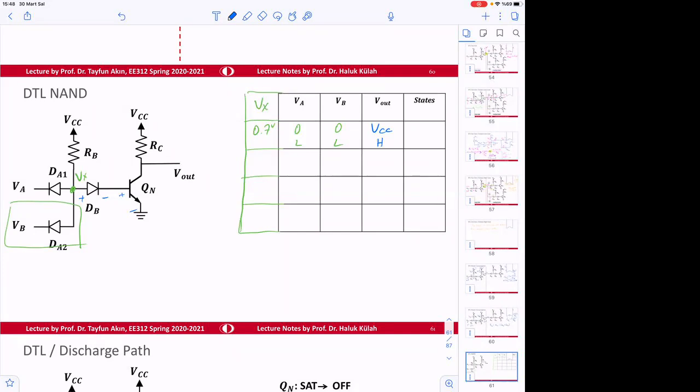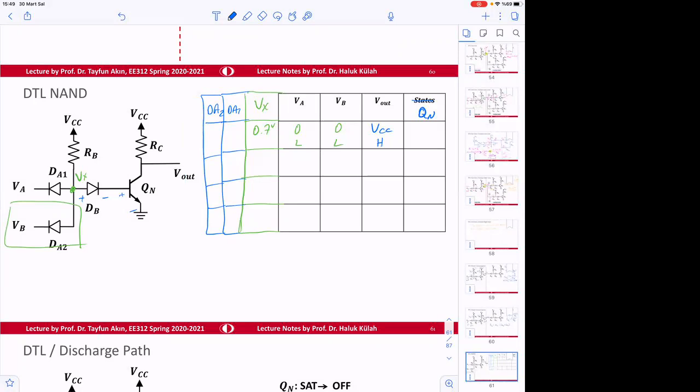Maybe I'm going to erase this and say what is Qn, maybe here, and then here I'm going to add two more things, DA1, DA2, and then DB.